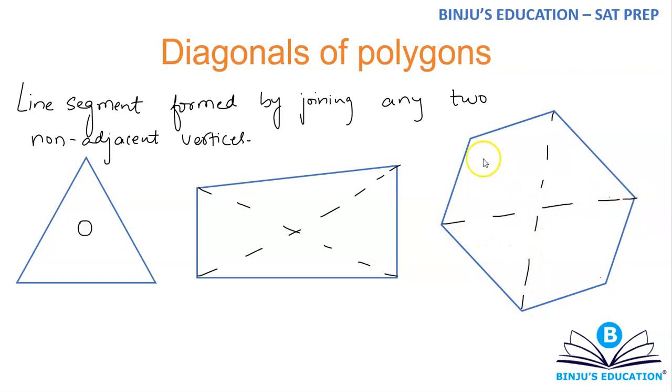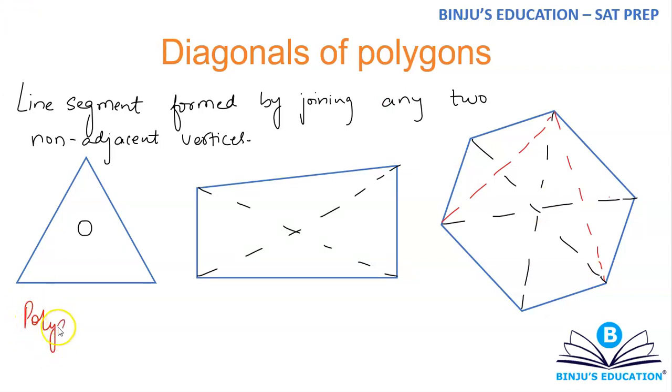Now this, then I can have this. Now let me change the color. I can also have this. I can also have this, and likewise you can draw it for other vertices also. So the point is, how can we calculate the number of diagonals? So let's try and understand. Let's consider a polygon having n sides.